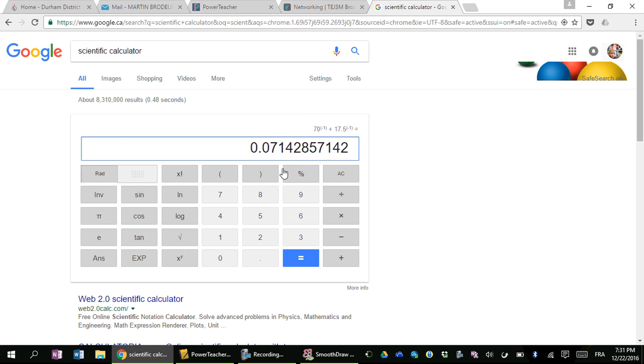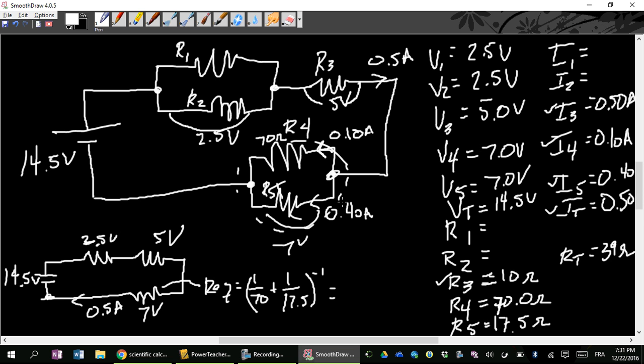I have to do this exponent -1. I hate doing this. Answer exponent -1 equals, okay, 14. So this thing is 14 ohms. Our equivalent of this here is 14 ohms.